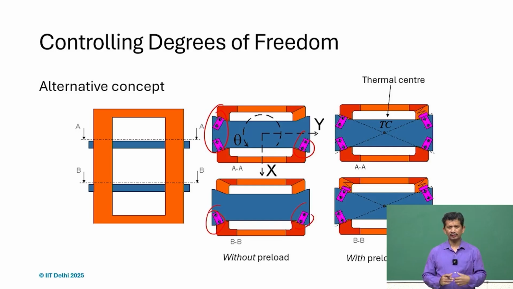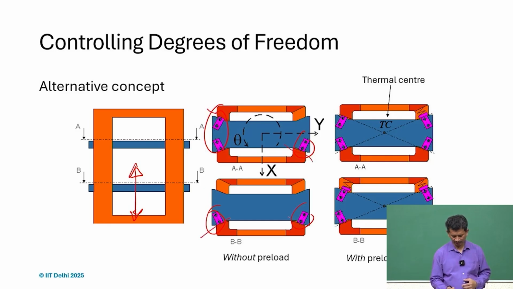And if we look at it closely, we realize that we eliminate 5 DOFs except this motion. This motion is not constrained, but all other 5 DOFs, 2 translations and 3 rotations, are constrained using these 5 contacts, some in pairs, and the way they are placed, they are inclined.